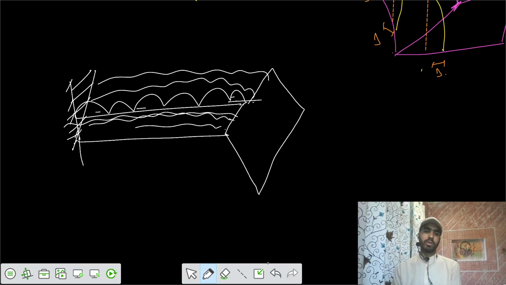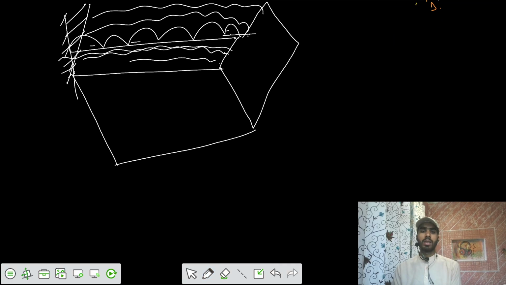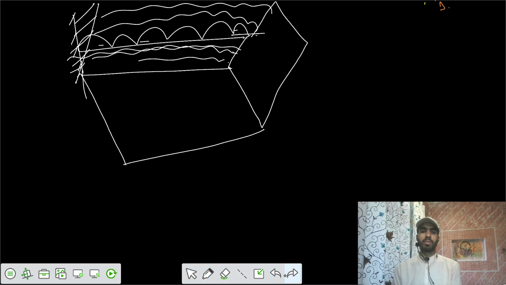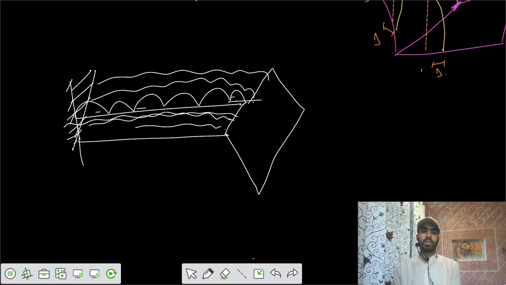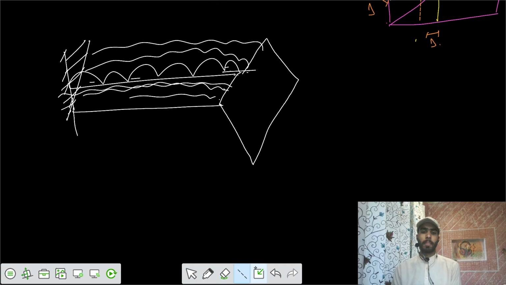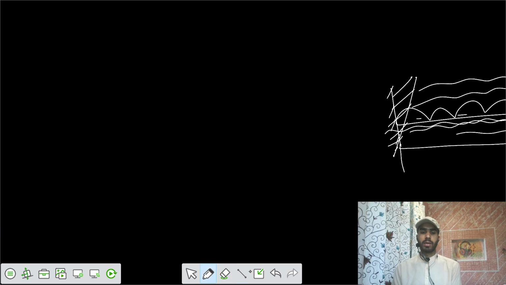Let's say we draw parallel to this one. So this was our initial beam. Let's make a clear picture of this one.